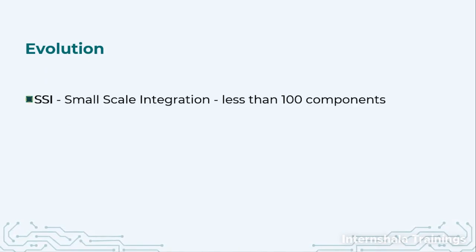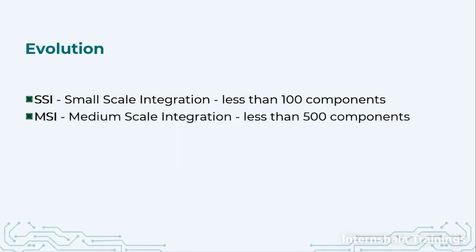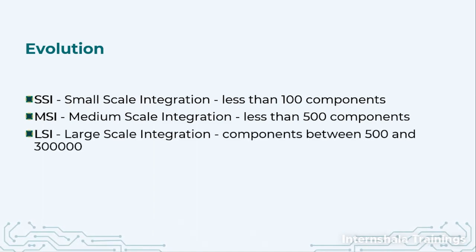Let us talk about this evolution now. We started with SSI, which is small scale integration, where we were putting together less than 100 components on a single chip. Then came medium scale integration, where we enhanced the number of components by around 5 times and were able to integrate around 500 components. Then came large scale integration, where we are able to integrate around 3 lakh components.